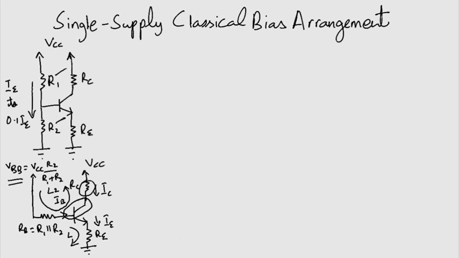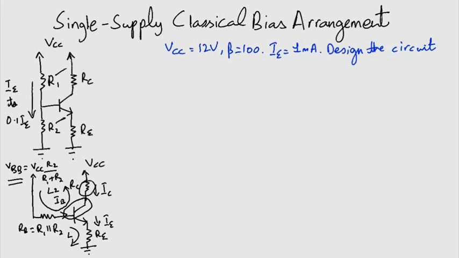Now to understand this better, let us look at an example. We are given VCC as 12 volts, beta is 100, IE equals 1 milliampere, and our job is to design the circuit. This means finding the appropriate values for RC, RE, R1 and R2.